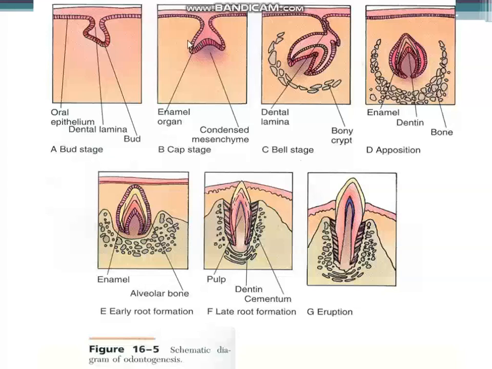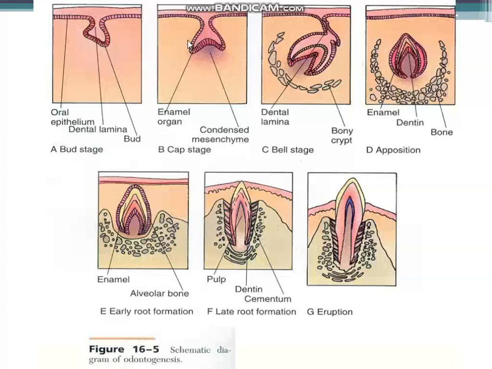And when the primary and secondary enamel knots have performed their functions, the ectomesenchymal cells will finish their release of epidermal growth factors and fibroblast growth factors, and the presence of bone morphogenic protein drives the cells of the primary and secondary enamel knots into death, into apoptosis.